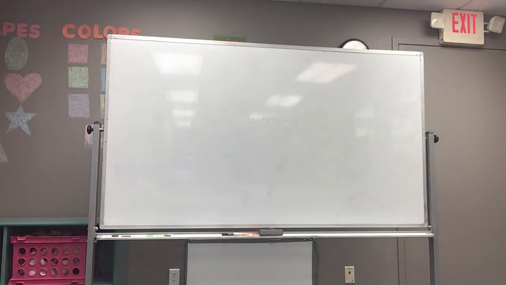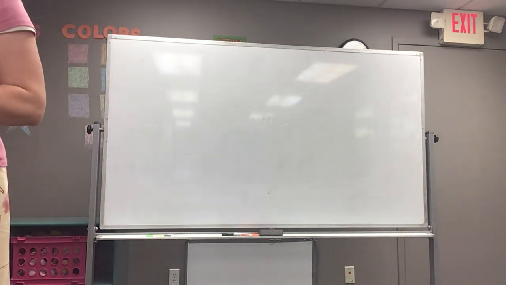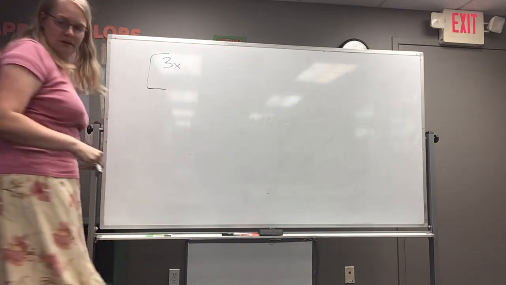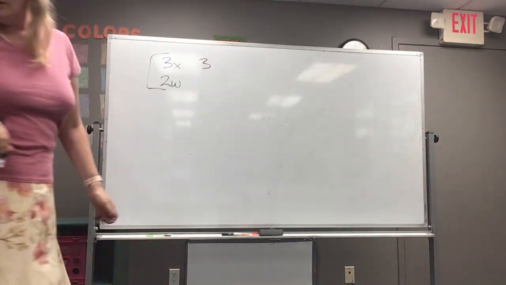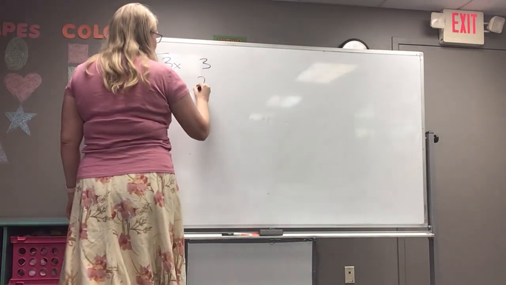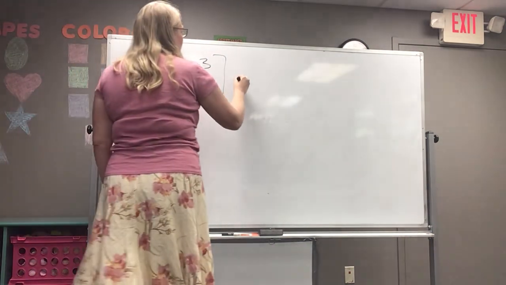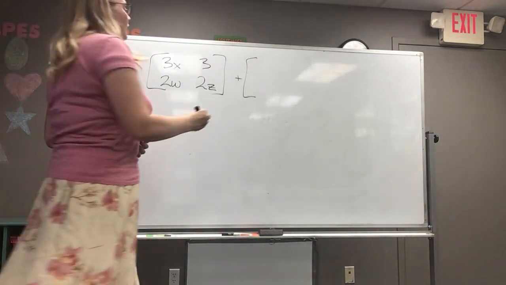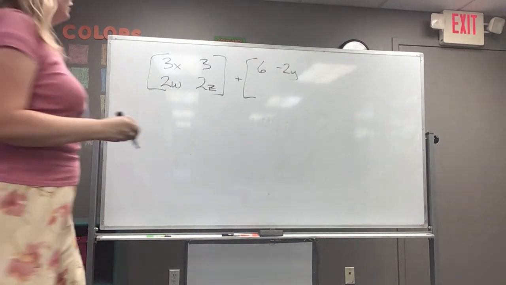All right. So last one is 3x, 3, 2w, 2z plus 6, negative 2y, negative 4.